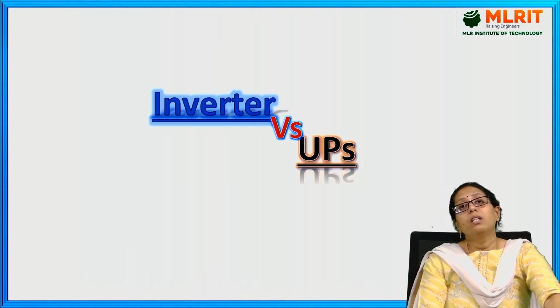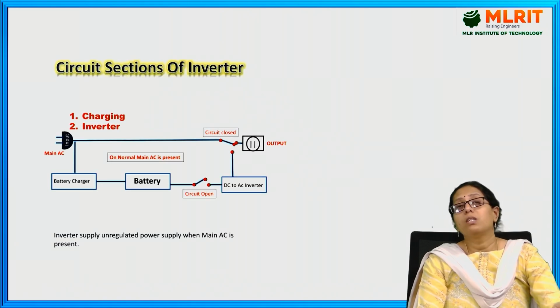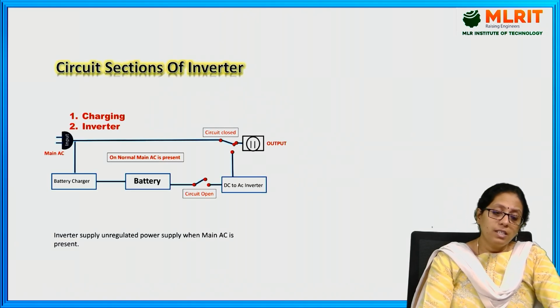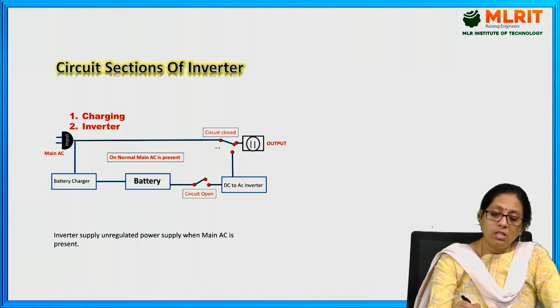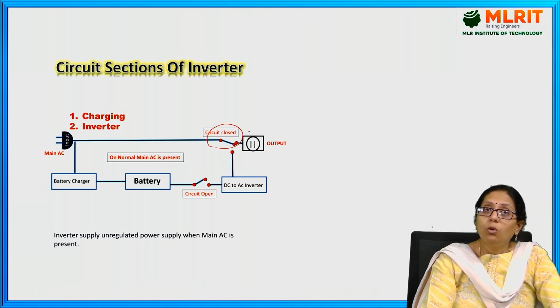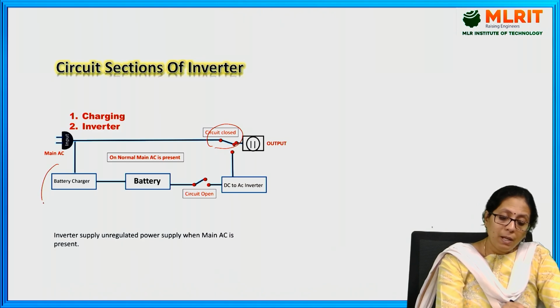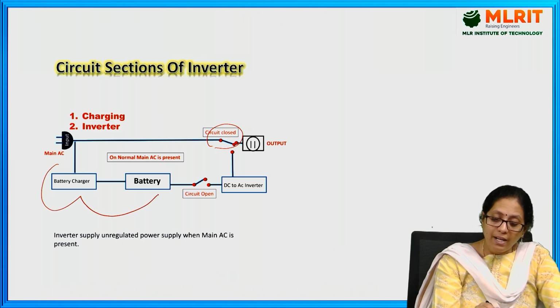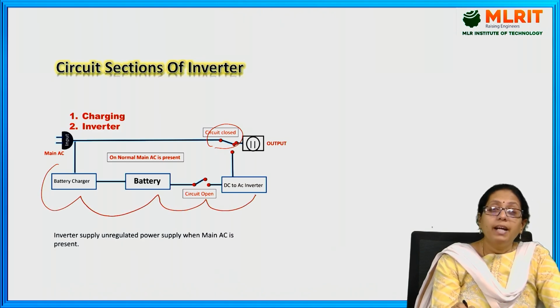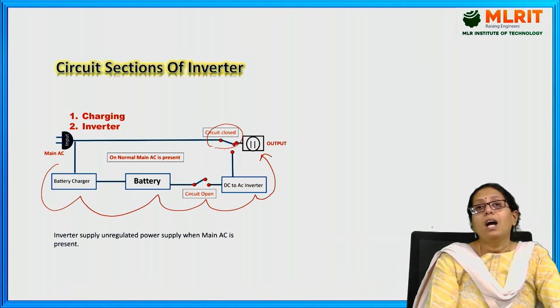Inverter versus UPS. What is an inverter? Here you can see the main switch, which by using a switch is connected to the load, and via a battery charger it is connected to the battery, via a switch and a DC to AC inverter, and again connected to the output load.